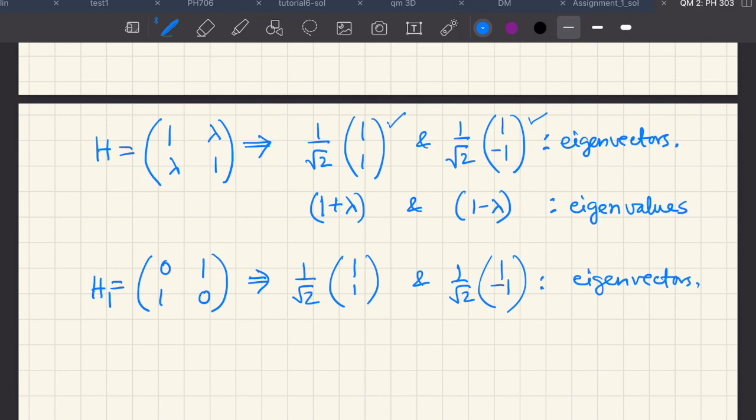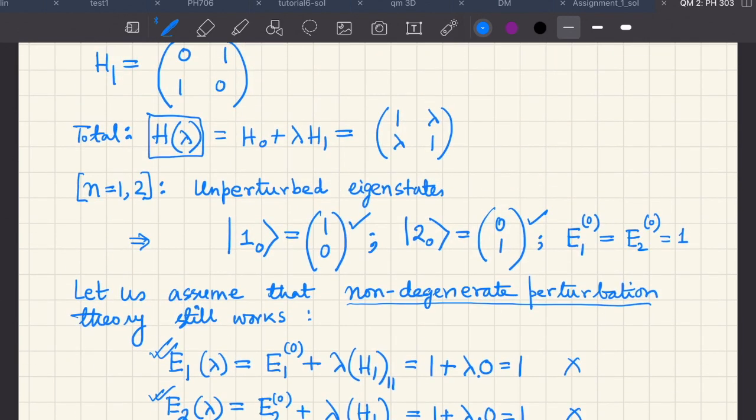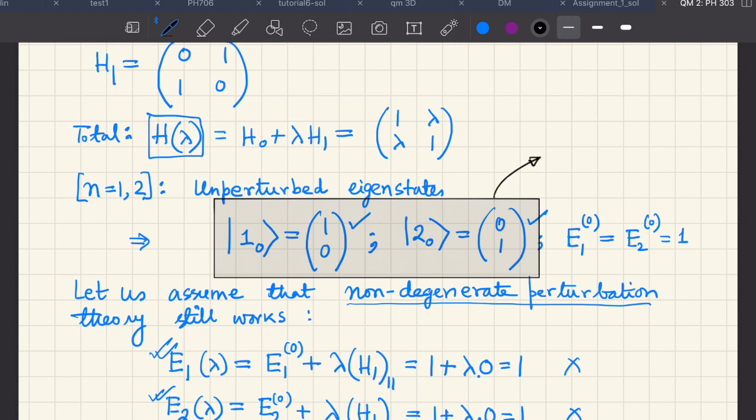The reason behind this lies in the fact that these eigenvectors which I have written here, corresponding to the original unperturbed states, are not the only eigenvectors of the unperturbed matrix H naught. That is the most important point.